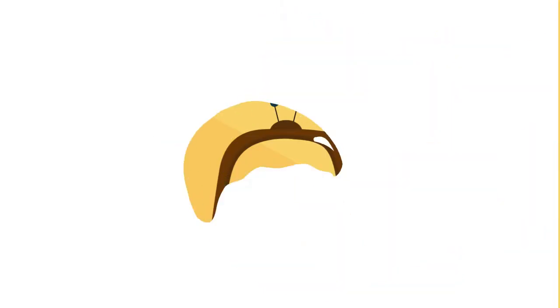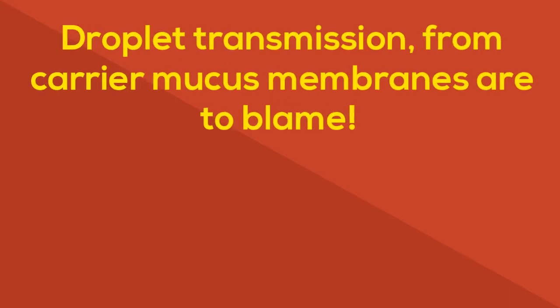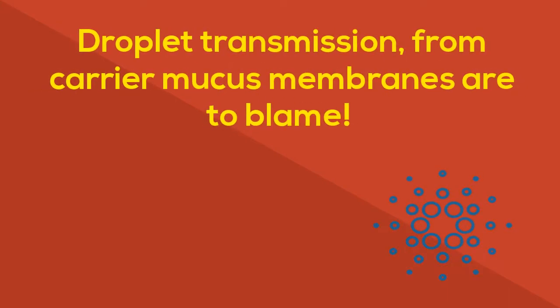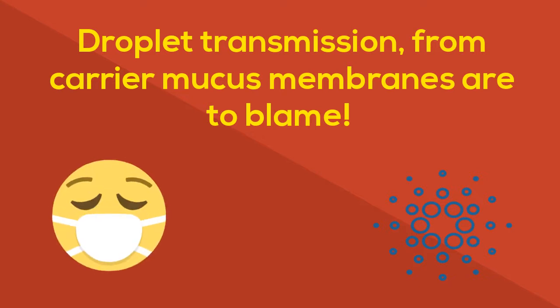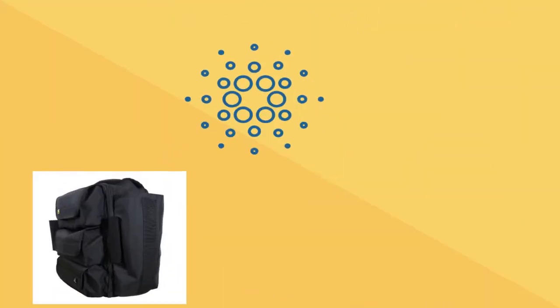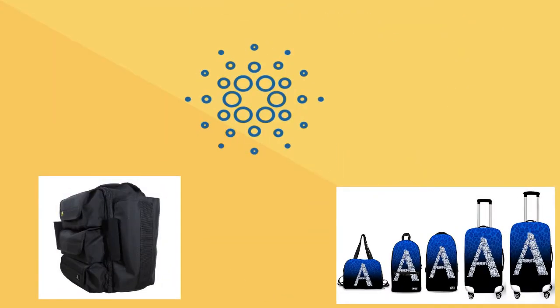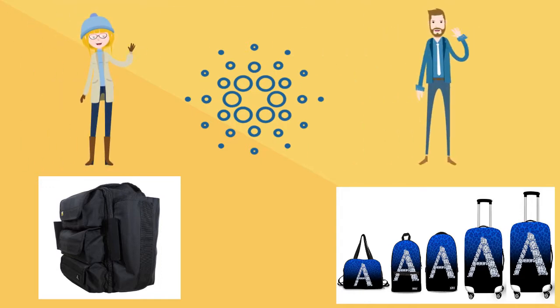So how do you get it? The bacteria are transmitted from person to person through droplets of throat and respiratory secretions. The droplets come from the carrier, which is the person that has the disease already.